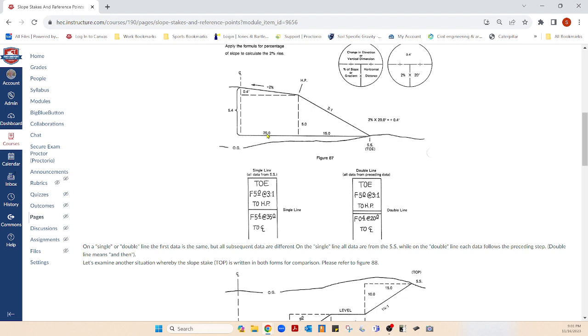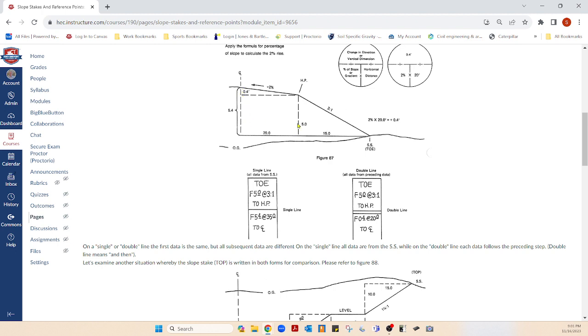There's just no easy way to do this. So 20 feet, that's what they gave me. And they're also telling me that's 0.4. So that's a vertical right here, and it's 2%. So 0.02 times 20 is 0.4. There's where the 0.4 comes in. The 20 and the 2% give me that 0.4.